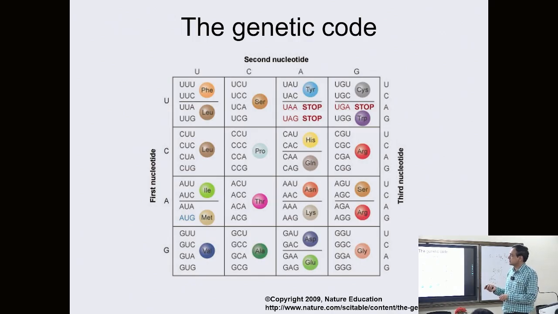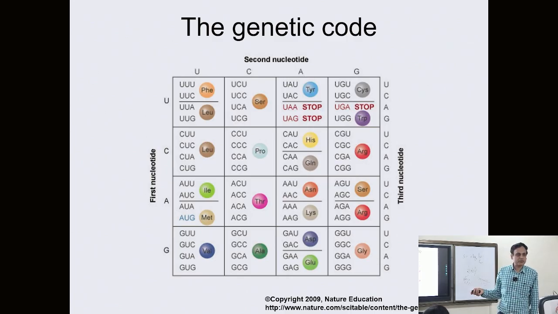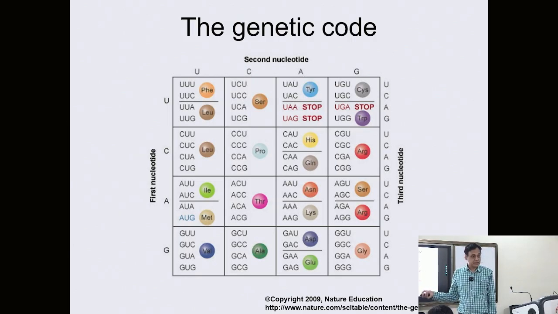You know the degeneracy of the genetic code. So some of the codons could be preferred for an amino acid. For example, GGU could be used 90% of the time, and the rest, GGC, GGA, GGG, could be used 10% of the time for encoding glycine. So there would be more use because GGUs are used more frequently.